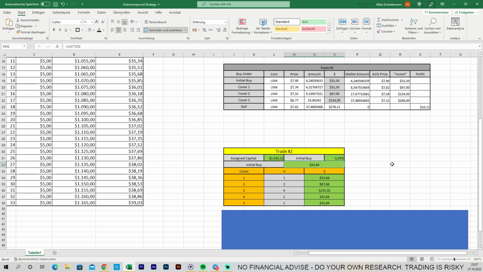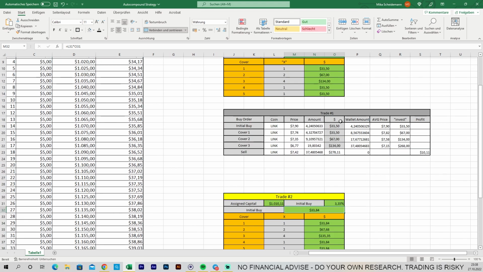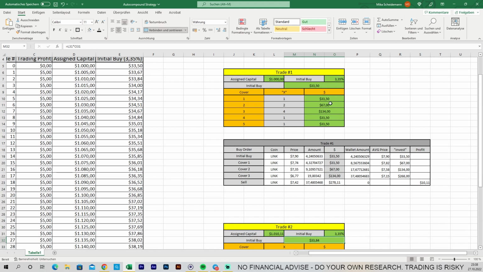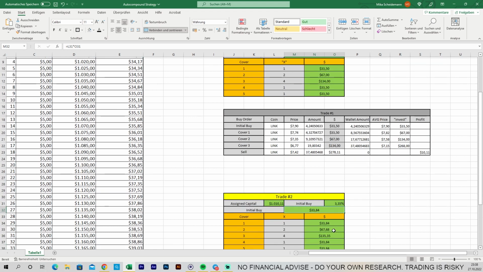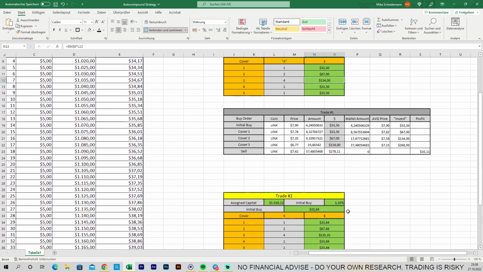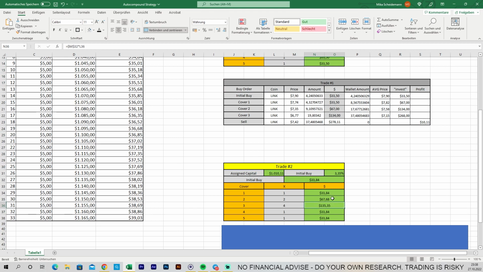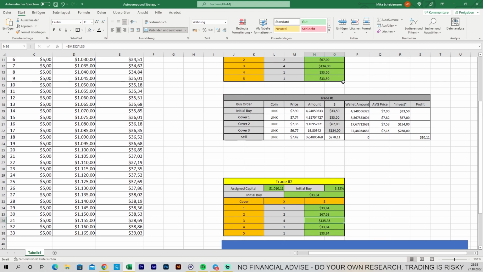And because all of the covers are connected to the initial buy, every single cover is a little bit higher as well. So we see instead of $33.50, we have $33.84. Instead of $67, we have $67.68. Instead of $134, we have $135.35. And then our independent buys, again, are 33 cents higher.